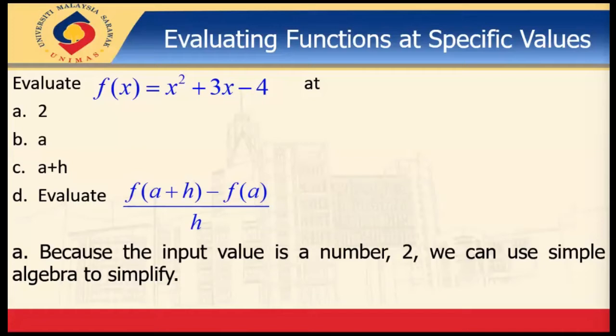So for example, if we have a function like this, f of x is a function, and f of x is equal to x square plus 3x minus 4. So this is the representation of the function.